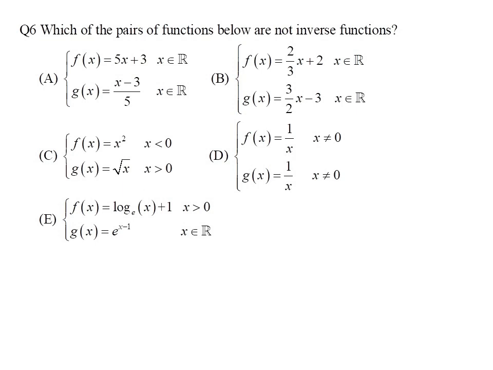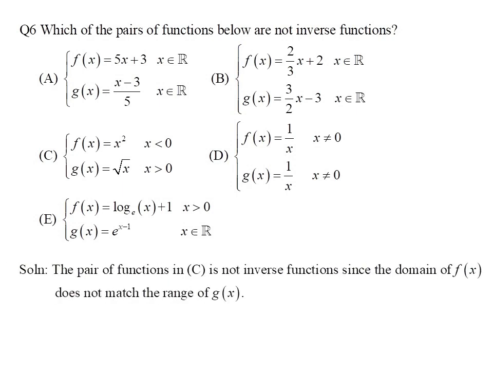Based on 5 given pairs of functions together with their corresponding domains, question 6 is to find which one of the pairs of functions are not inverse functions. Obviously, the pairs of functions in A, B, and D are inverse functions. According to the properties of exponential and logarithmic functions, as well as their corresponding domains presented, the pair of functions in E is also inverse functions.